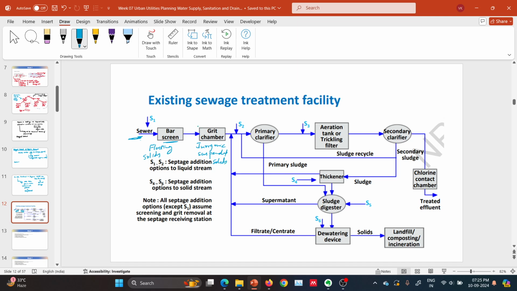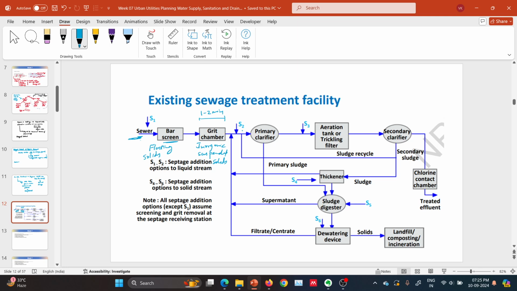The water will pass through this length in 1 to 2 minutes. The detention time of the grit chamber is approximately 1 to 2 minutes. So the heavy sand or grit particles are removed in the grit chamber.